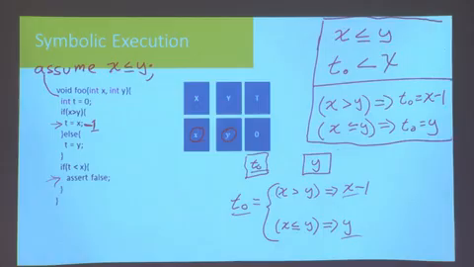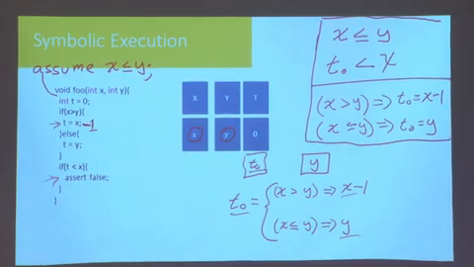And now we want to ask, OK, can I find an x and a y that satisfy all of these constraints together with the constraints that I had on the input, with these properties that I know the input must satisfy? And once again, you can see that this constraint of x less than or equal to y is the difference between these constraints being satisfiable and once again becoming unsatisfiable.